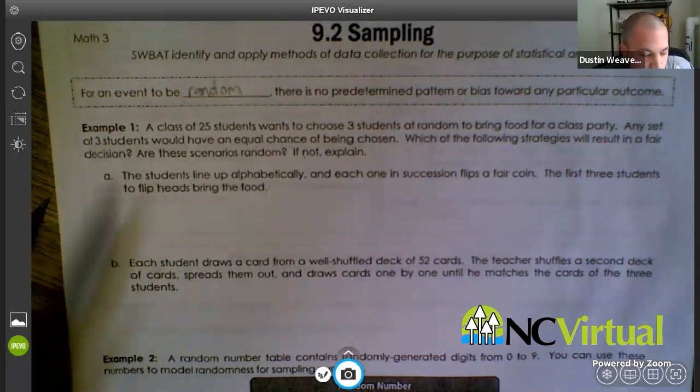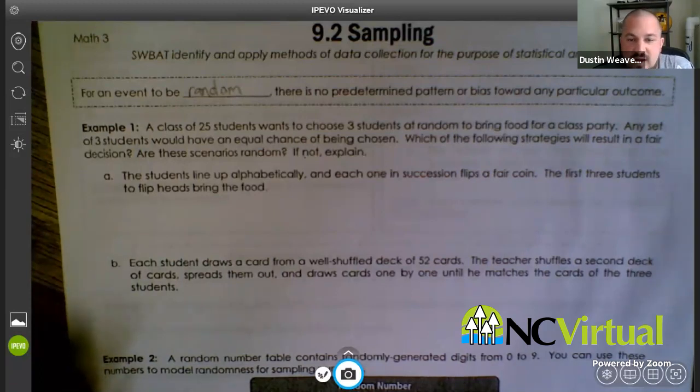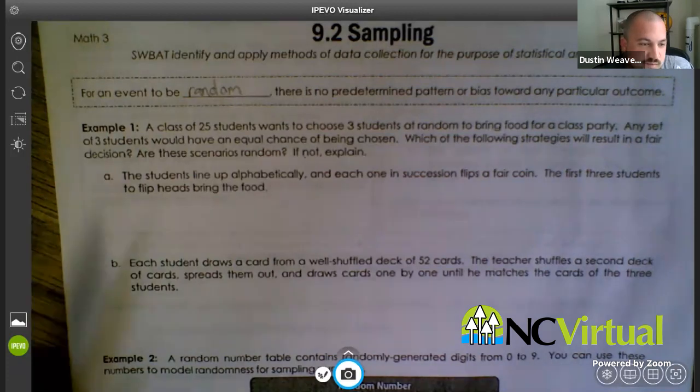So let's look at example 1. A class of 25 students wants to choose 3 students at random to bring food for a class party. Any set of 3 students would have an equal chance of being chosen. Which of the following strategies will result in a fair decision? Are these scenarios random? If not, explain.